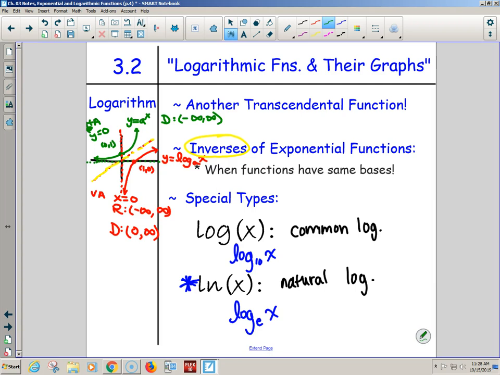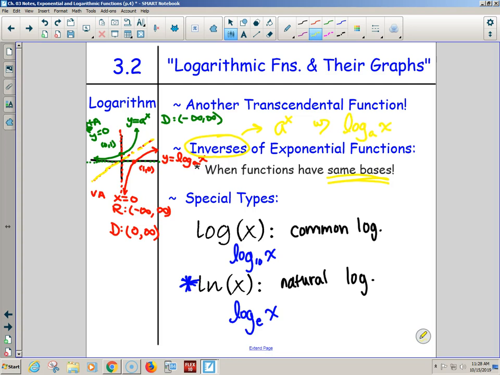That makes sense? Kind of. Lots of things are flipping. However, look over here really quickly. This is only going to be perfectly true when the log and the exponential have the exact same base. This is only true when we have something like a to the x compared with log base a.